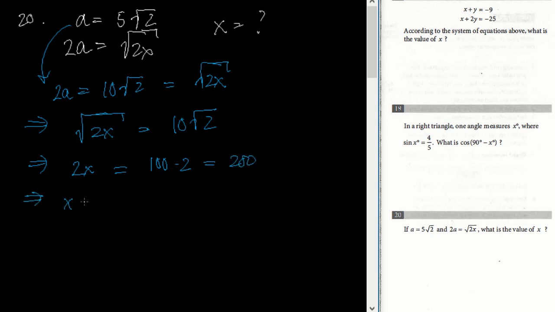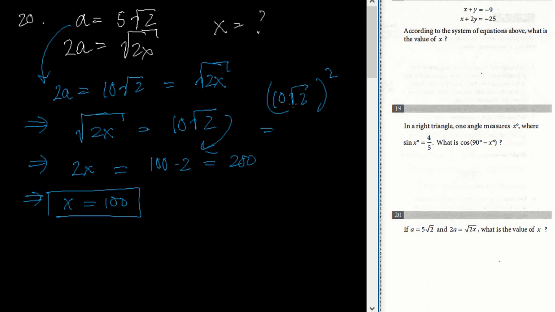So that means that x is equal to 100. Right? So if this step isn't clear, we're just squaring 10 square root of 2. So we'll square this guy, so that's 100, and we'll square this guy, which is 2. So that's how we get 200 over here.